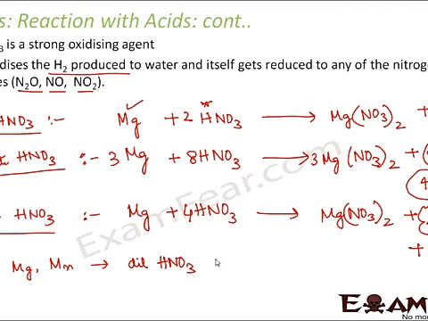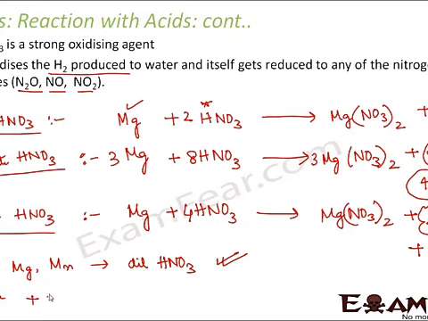Some metals react only with concentrated nitric acid, and one such example is copper. Copper reacts only with concentrated nitric acid, because concentrated nitric acid is a better oxidizing agent.